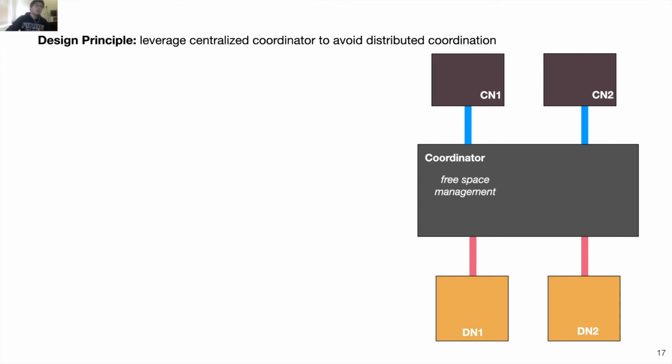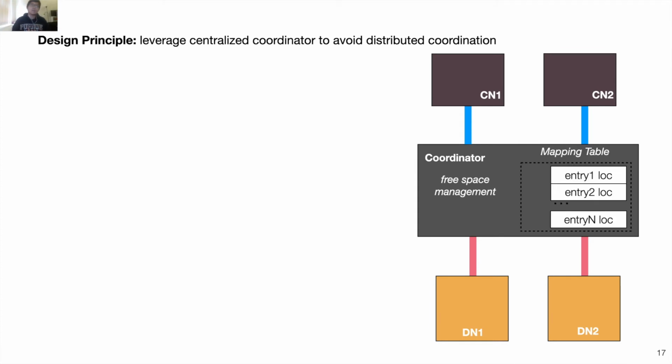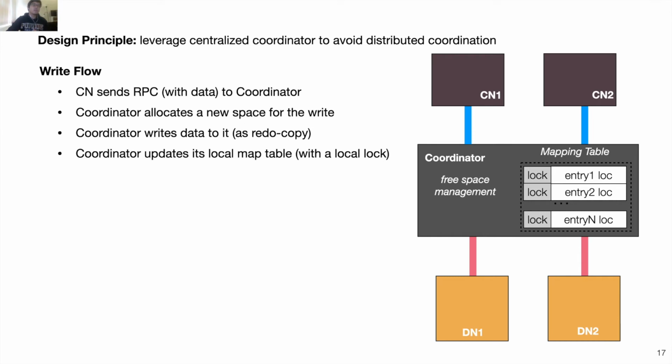It maintains a key entry location mapping table locally, which contains all the metadata information. Each entry in this table has a pointer pointing to the physical location of the entry. We also use a local per-entry lock, only for synchronization across multiple threads running at the coordinator. To write a key entry, a CN sends an RPC request along with new data to the coordinator.